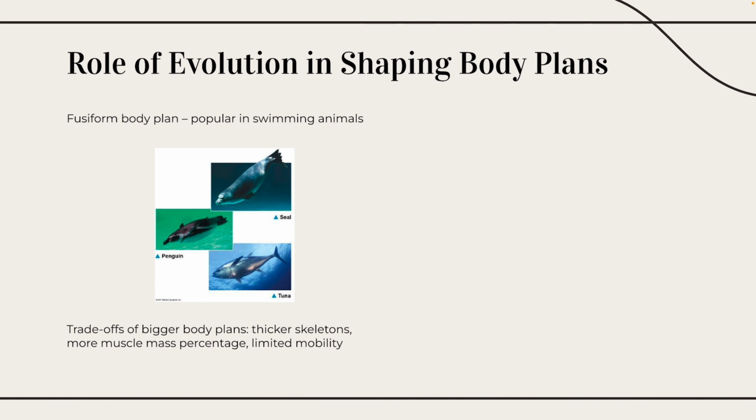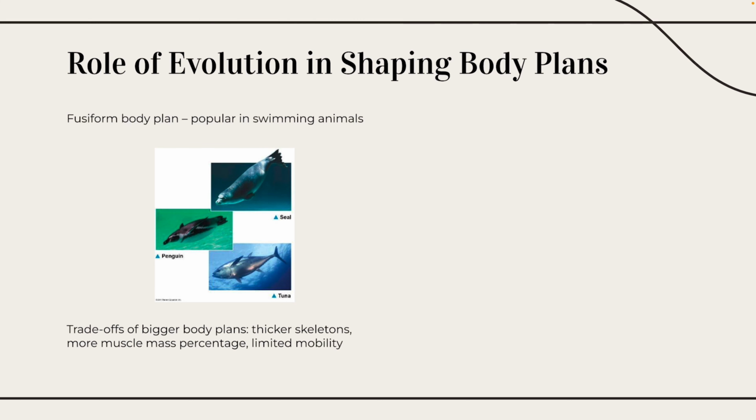Starting off, we're just going to talk about the role of evolution in shaping body plans. Body plans are basically just how the body of an organism is laid out, and a particular example is a fusiform body plan. Fusiform basically just means tapered at the ends.